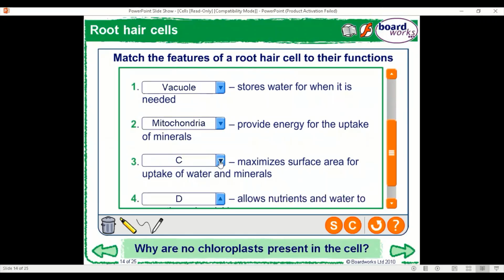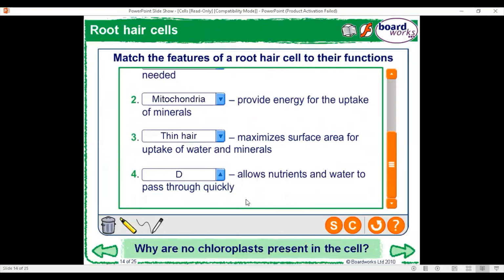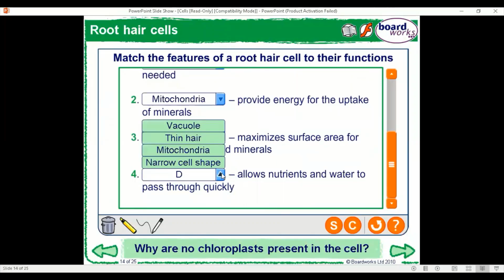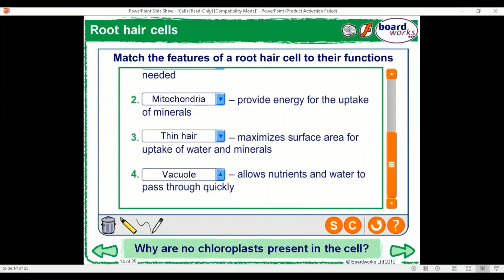Maximize the surface area. Okay. There we go. So be familiar with those two.